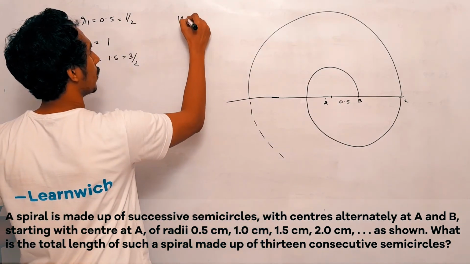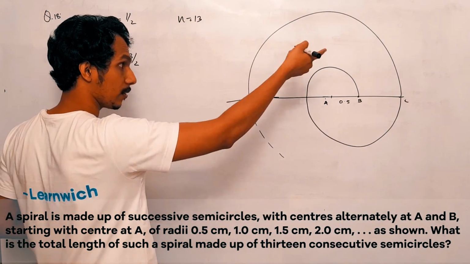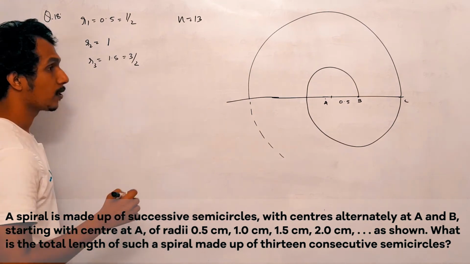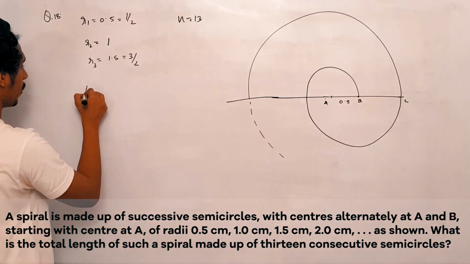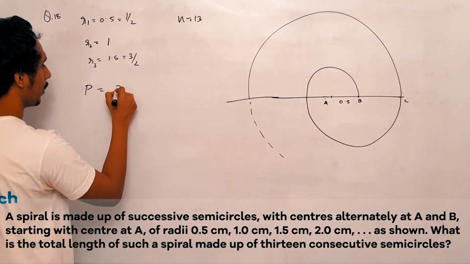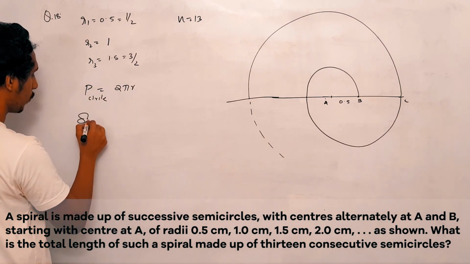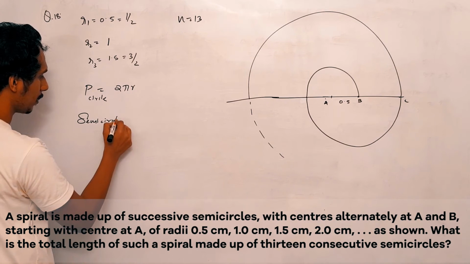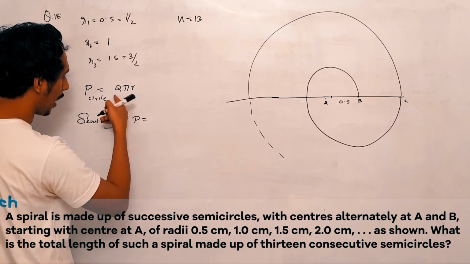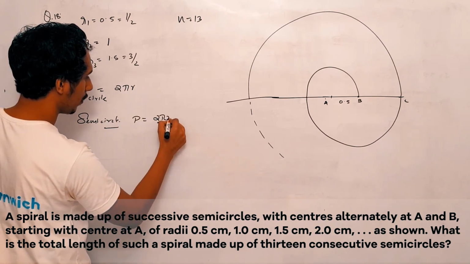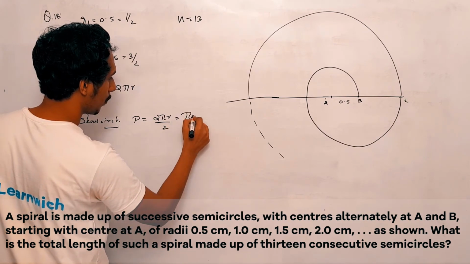So n equals 13. The perimeter of a circle is 2 pi r. So for a semicircle, P is half of this, 2 pi r by 2, that is pi r.